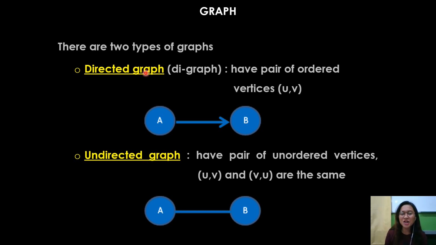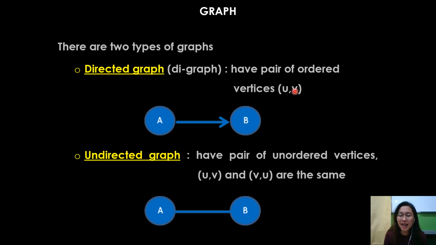A directed graph, also commonly known as a digraph, has a pair of ordered vertices (u, v). When we say ordered vertices, it means that the order of appearance of the vertices in a set matters.